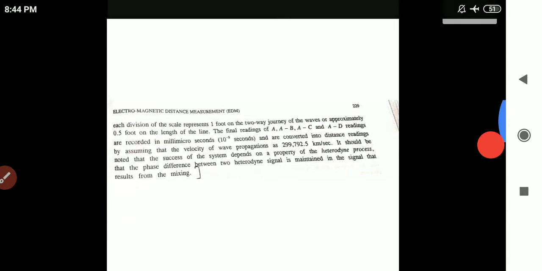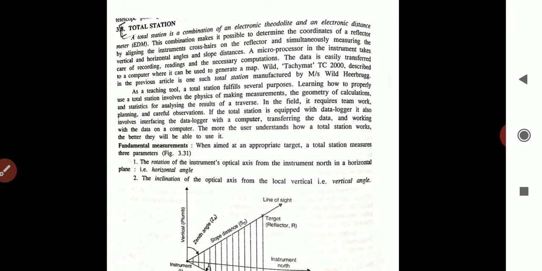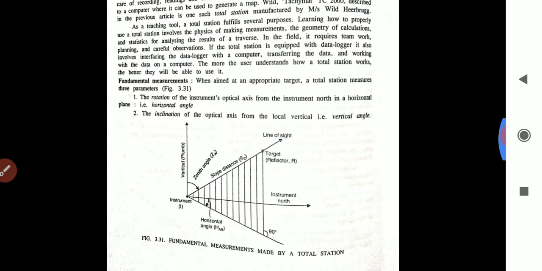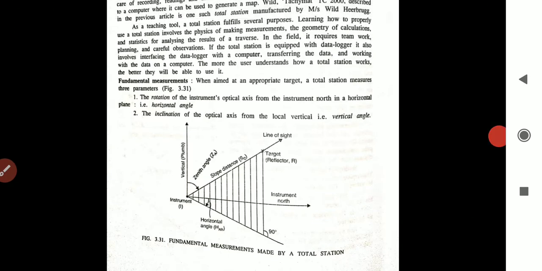Next comes the total station. The figure shows the fundamental measurements in the total station. A total station is a combination of an electronic theodolite and an electronic distance measurement, that is EDM.